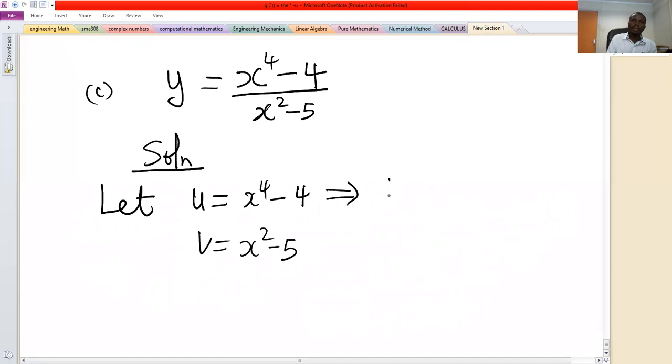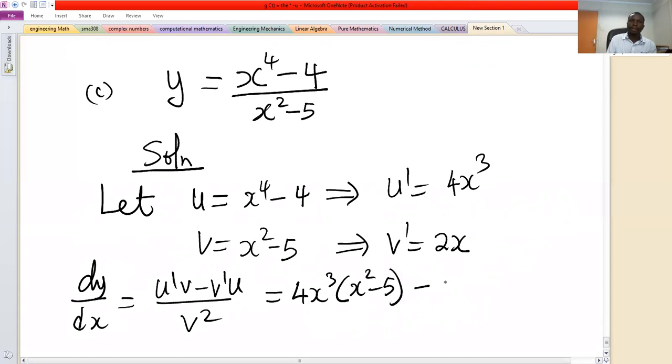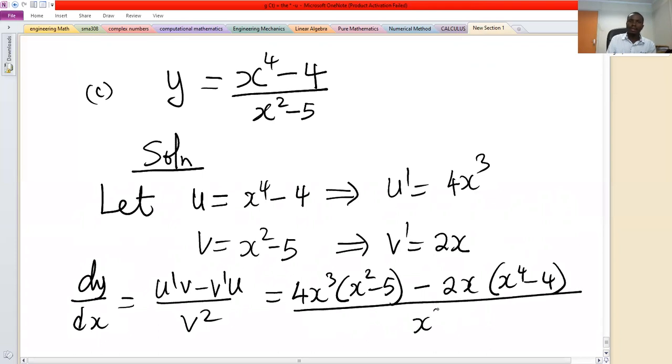So u prime would be 4x cubed, and v prime is 2x. So dy/dx will be (u prime v minus v prime u) over v squared, which is (4x cubed times (x squared minus 5) minus 2x times (x to the power 4 minus 4)) divided by (x squared minus 5) squared.